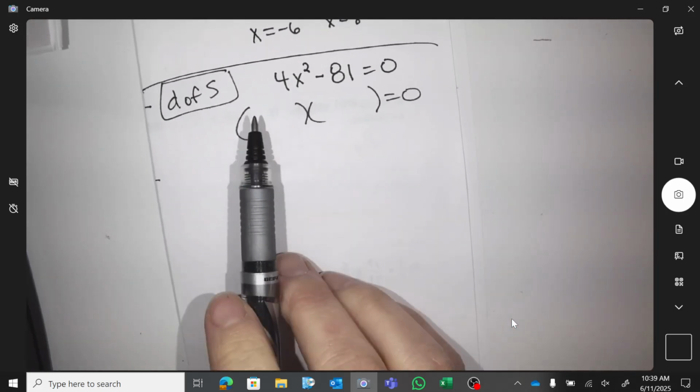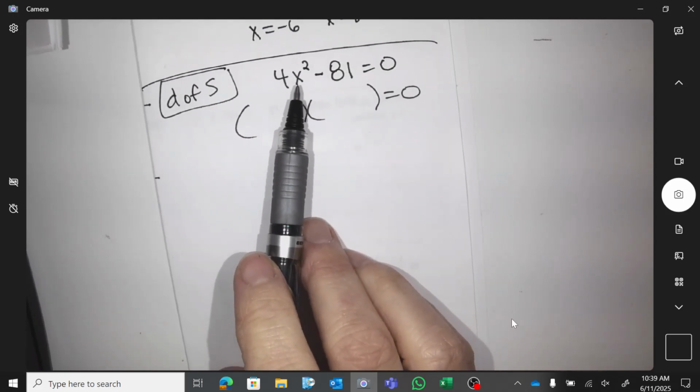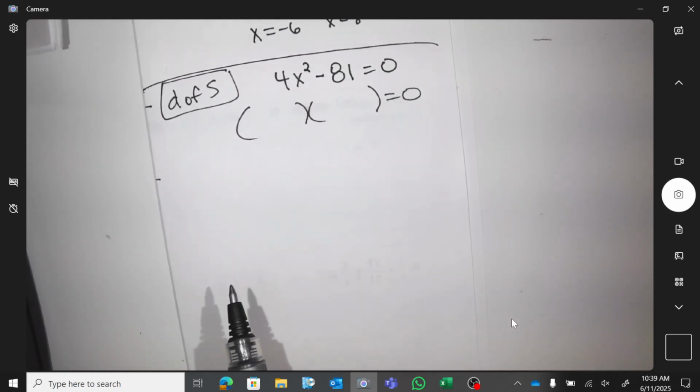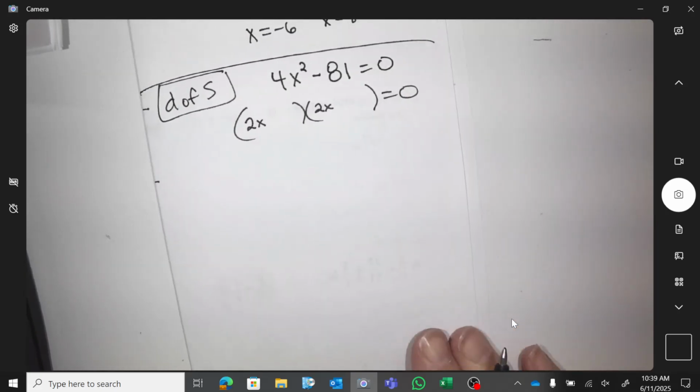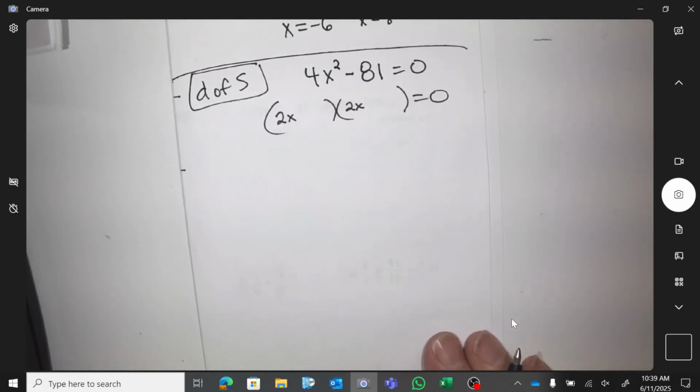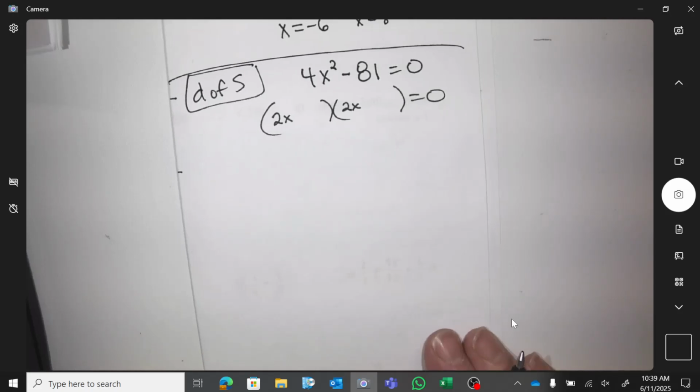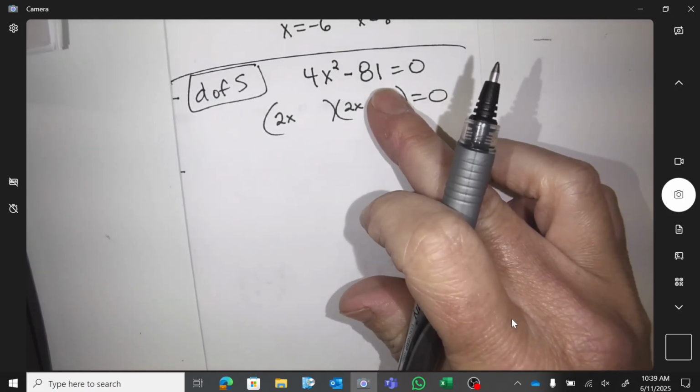So I want you to think about how do you get to this 4x squared with something and something the same? What about 2x times 2x? Same number to get there? How do you get to the 81 with the same number, same number?